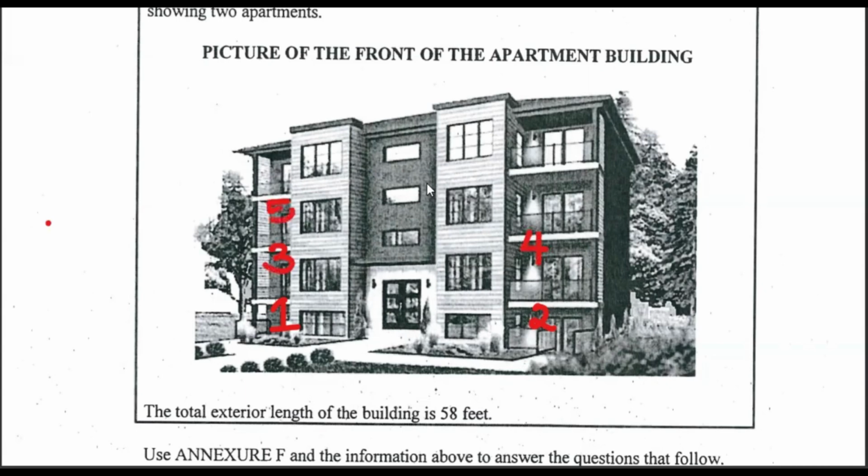We have 5, 6, 7 and 8. But they could have been named A, B, C, and D. Indeed, you see B, which is the second floor, versus 3. You see that? So that's how I saw it, and that's how I interpreted it.